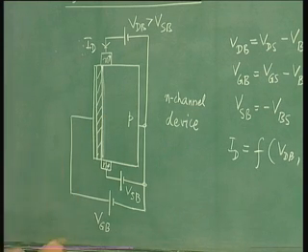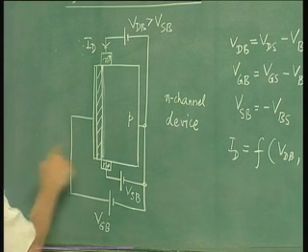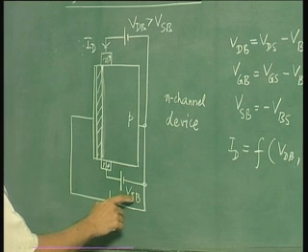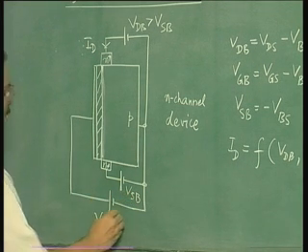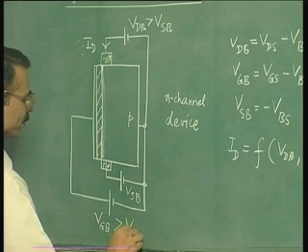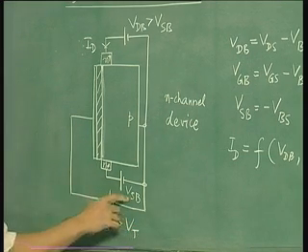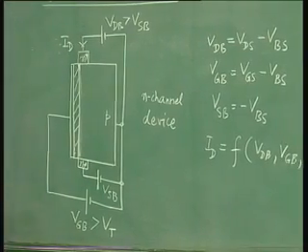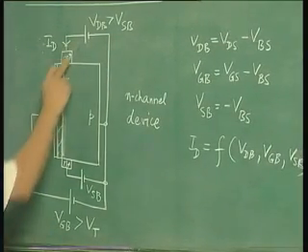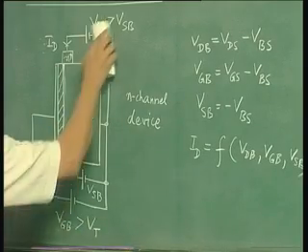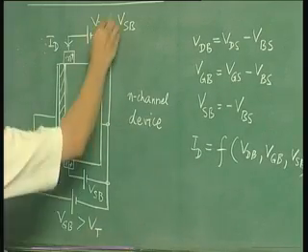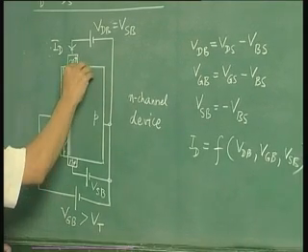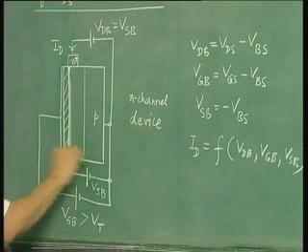Of course we are assuming that gate to bulk voltage is more than the threshold voltage of this capacitor for this particular source to bulk voltage, so including the body effect. So VGB is greater than VT, which is of course a function of VSB, because otherwise you will not have any inversion layer. So that is what we will assume. So to start with, when VDB is equal to VSB, your picture is like this: a uniform inversion layer charge and a depletion layer next to the inversion layer, which is also uniform.